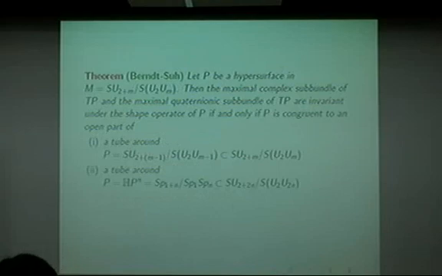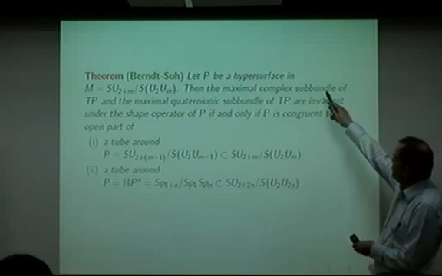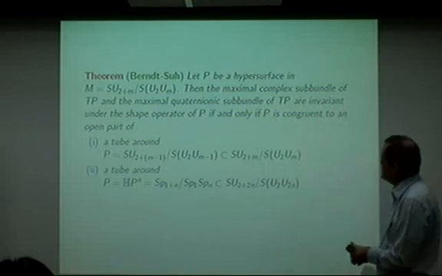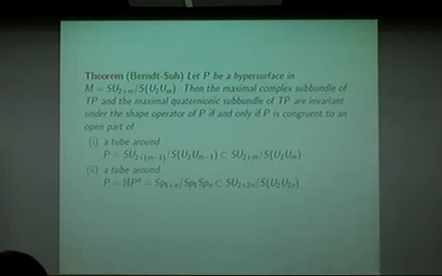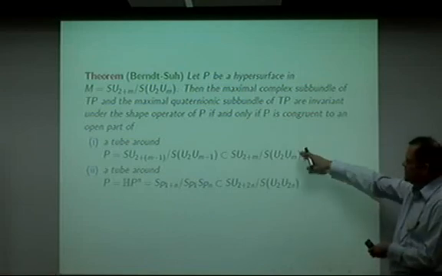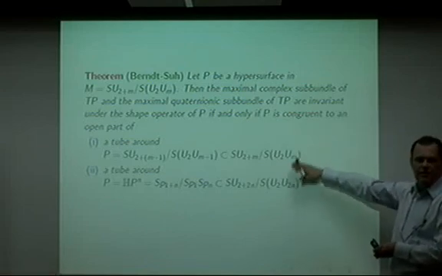Another result we obtained is, now I go to the compact case. So we take a hypersurface in the compact complex two-plane Grassmannian. Then both these subbundles, the maximal complex subbundle and the maximal quaternionic subbundle of the tangent bundle of the hypersurface, are invariant under the shape operator if and only if the hypersurface is congruent to one of these two types of tubes.